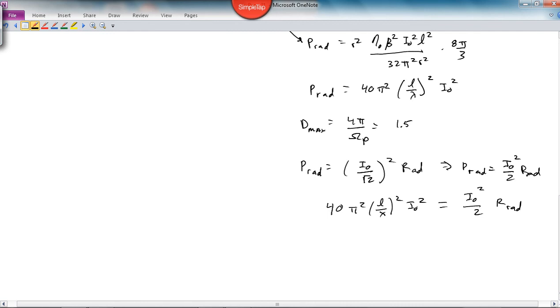And that allows us to solve for R rad, which is equal to 80 pi squared times L over lambda squared. And so you can see that the radiation resistance of a Hertzian dipole is dependent on length and on lambda, and therefore on the frequency of the driving current source.